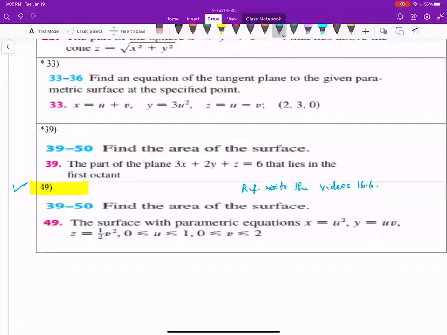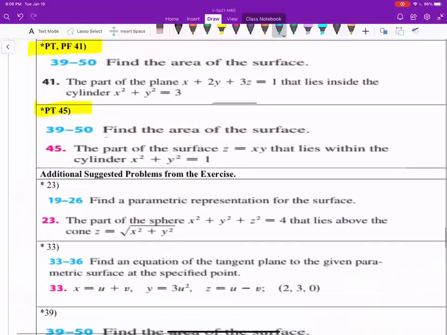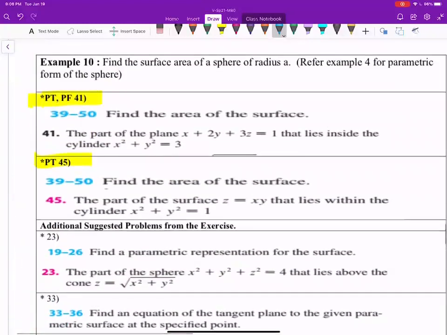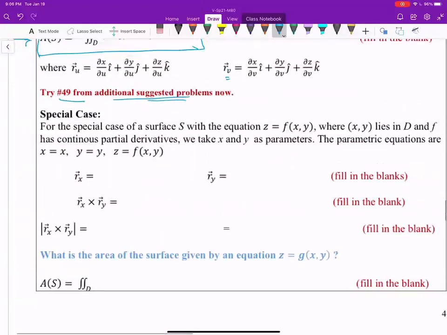For this problem number 49, there are other problems also done in that video, for example problem number 41, problem number 45, and all the other problems that I stated earlier. Problem number 19 and 35, all these are done as well.